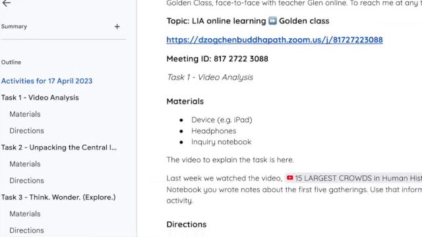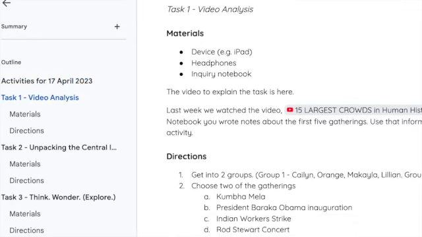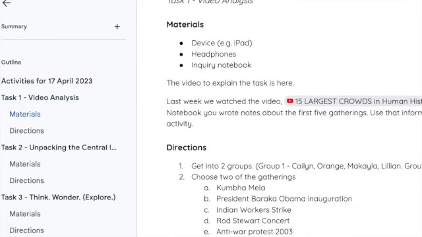So the first activity is a video analysis. For this, you'll need your iPad, your headphones, and your inquiry notebook. We started doing this activity last time. We watched that video, 15 largest crowds in human history. There's a link there on this page.